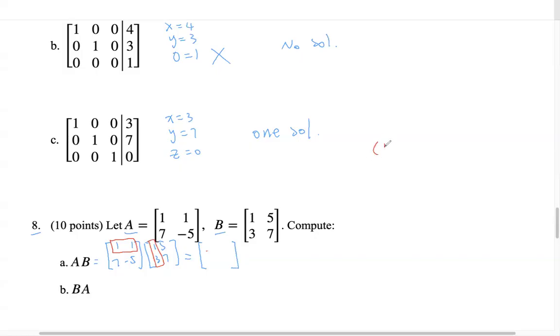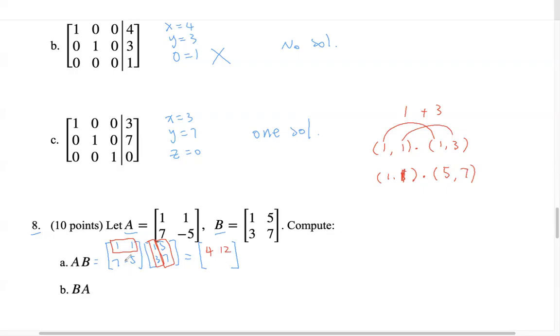So I take 1, 1 and dot product with 1, 3. I multiply component-wise. 1 times 1 is 1. 1 times 3 is 3. I add those two, so I get 4. And the second one comes from 1, 1 dot product with 5 and 7. 1 times 5, 5. 1 times 7, 7. 5 plus 7, 12.